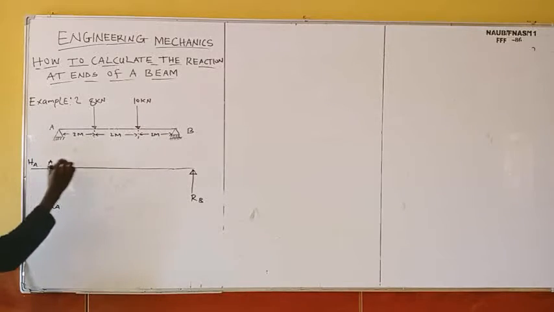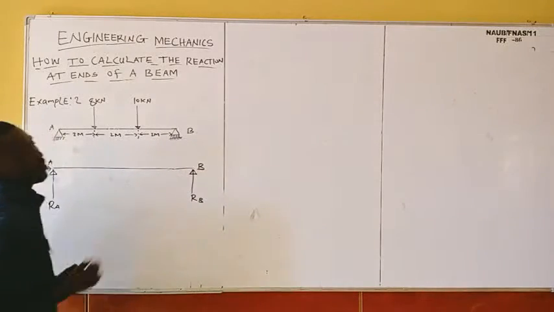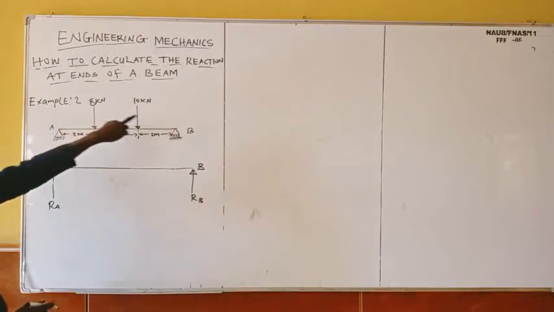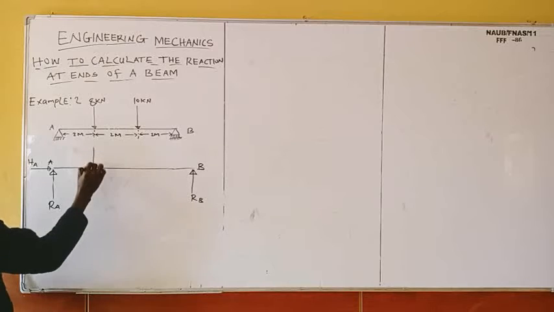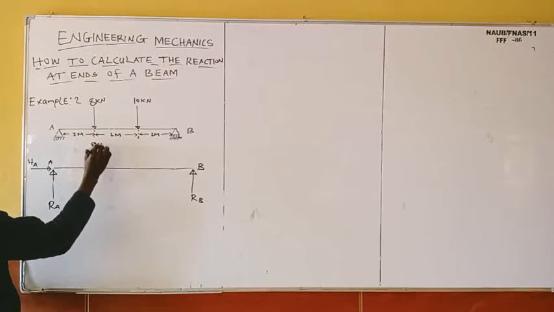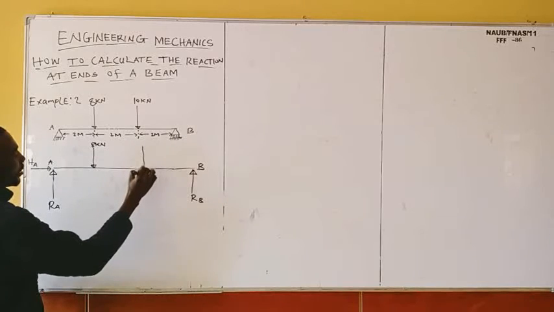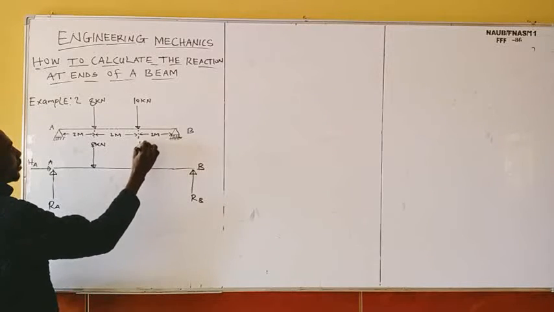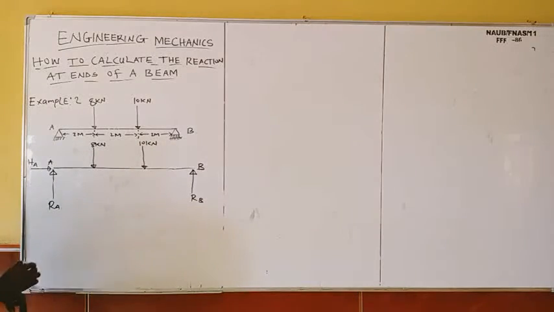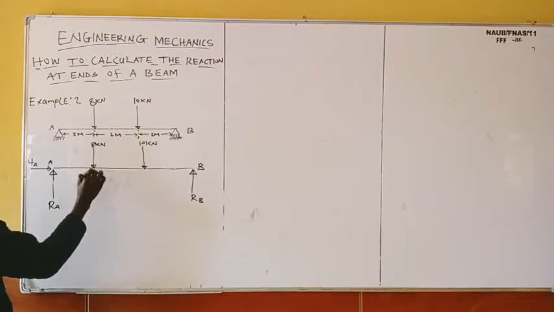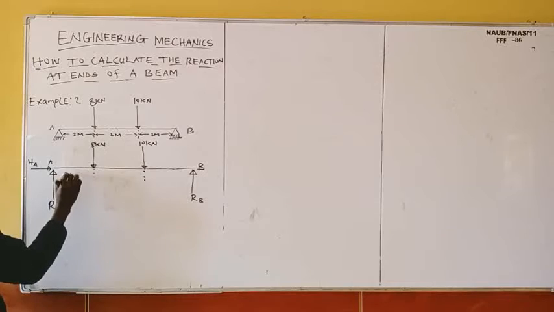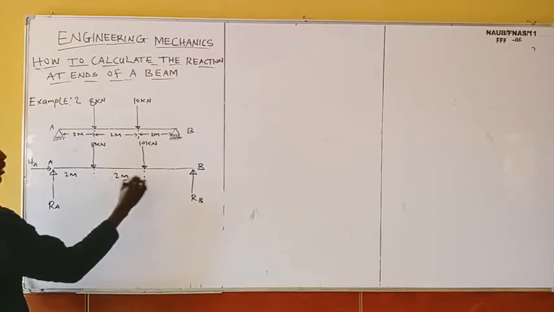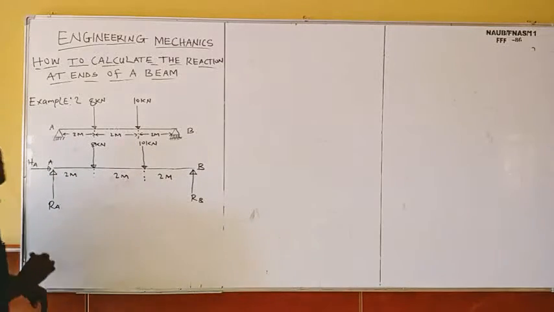And here is point A, point B. And how many forces are acting on the beam? So this one is 8 kilonewton. This one is what? 10 kilonewton. You get that? So now, and the distance is what? 2 meters, and what? 2 meters. You get that?